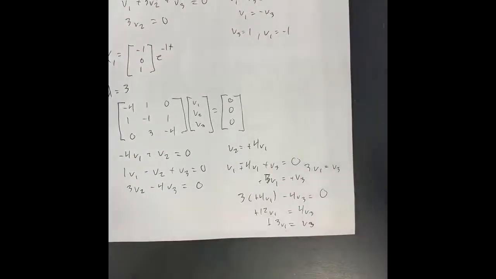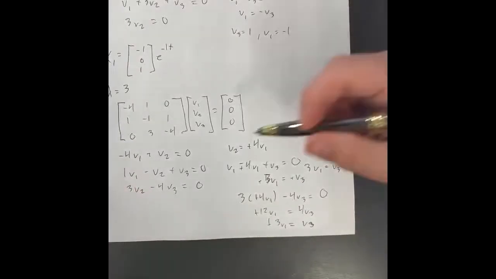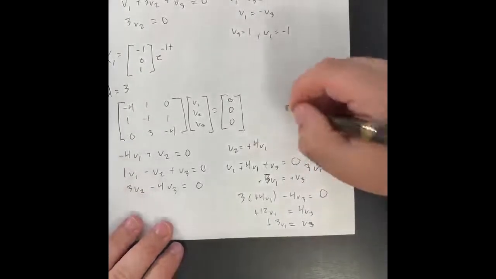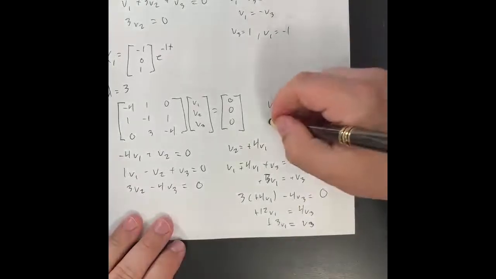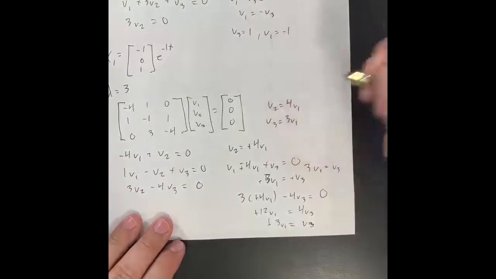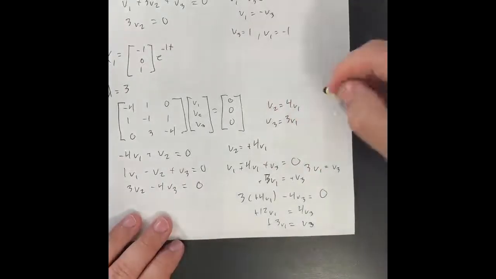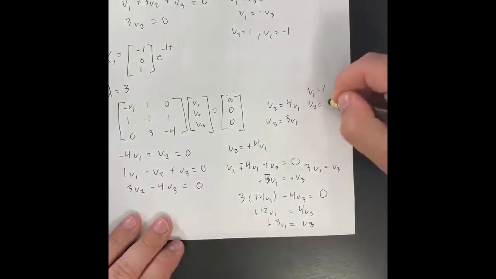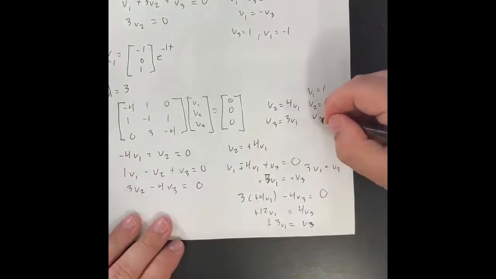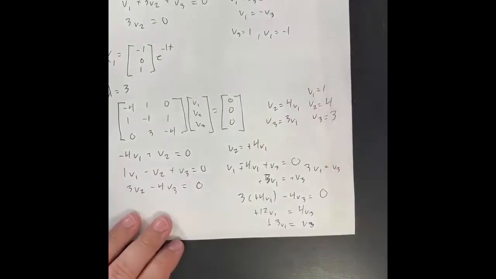And so again, here's where we can make a choice. We have basically just these two equations: v2 equals 4 v1 and v3 equals 3 v1. If we choose, for example, v1 is 1, then v2 has to be 4 and v3 should be 3.